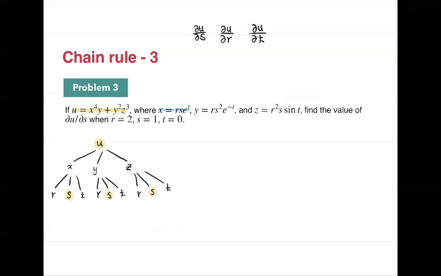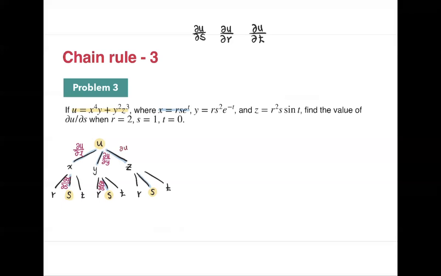There are three paths like this. So you can see that this is du dx, and this line is for dx ds. And this line is du dy, and this line is for dy ds.